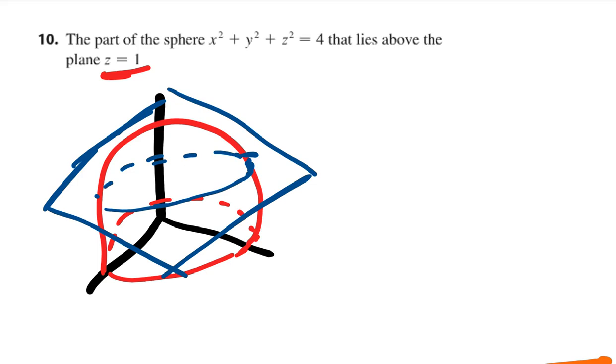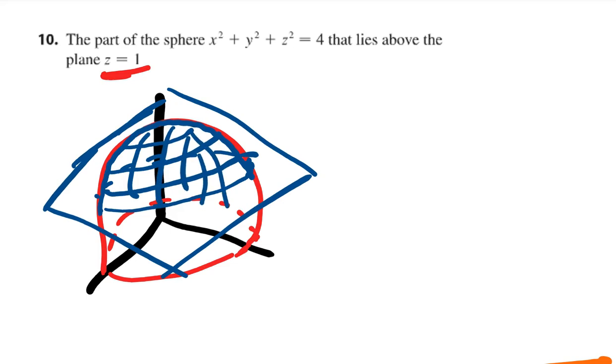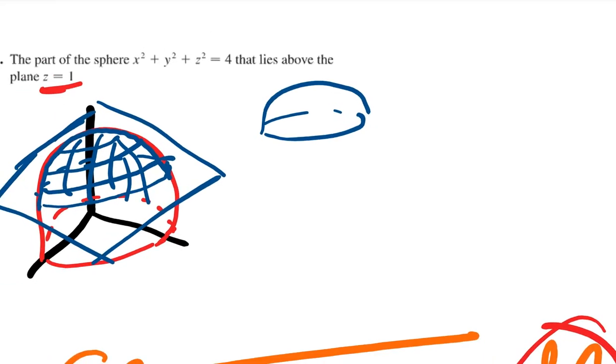It's going to be this little top piece of the sphere right here. All right. So we're going to find the surface area of that. It's just a little piece like this.